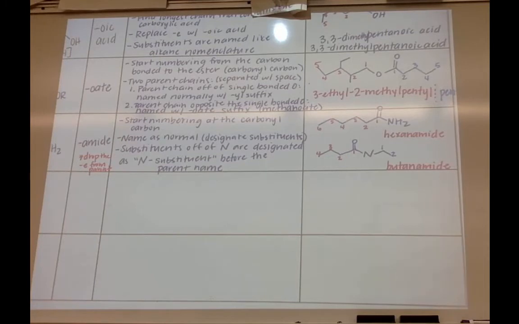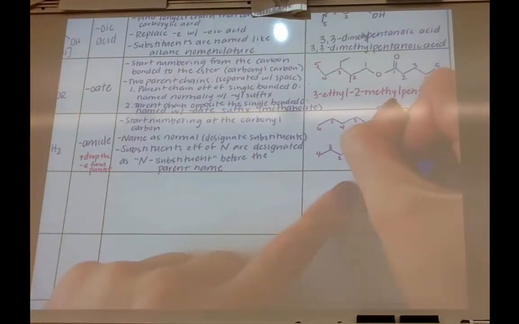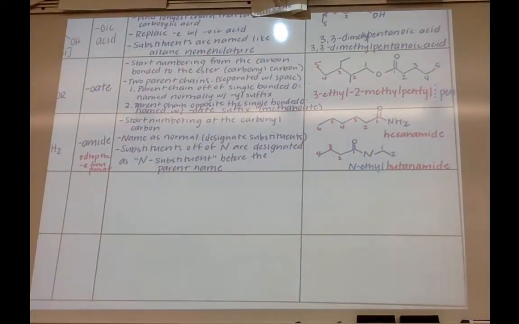Right? So this would be N-ethyl butanamide. It's all one word. Because we're treating that as if it were a number, there is a dash between, because you're telling the location. And again, we'll continue to look at the practice with that so that you can see what it looks like.